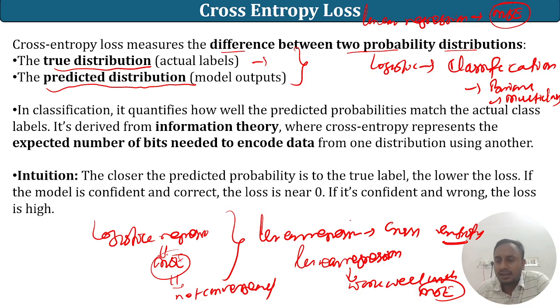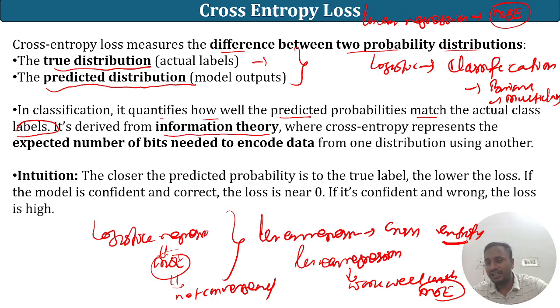So what is the definition of entropy actually? Can you tell? Entropy measures the uncertainty in a distribution. The term entropy itself means a measure of the uncertainty in any distribution. So in classification, we quantify how well the predicted probability matches the actual class label. It comes from information theory.